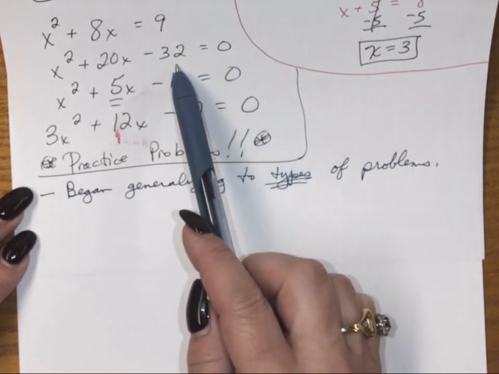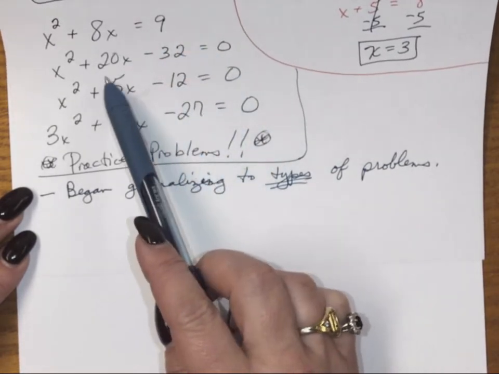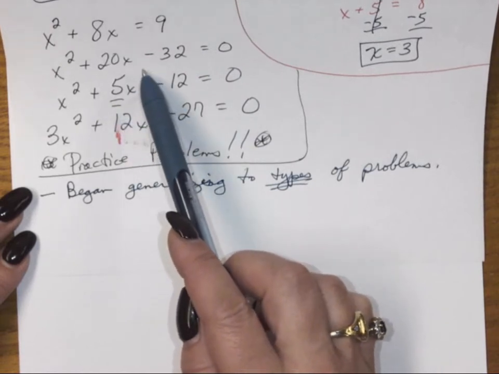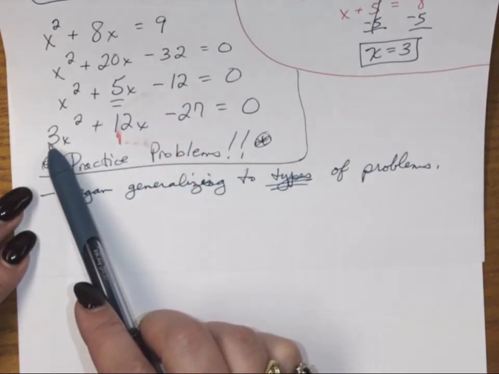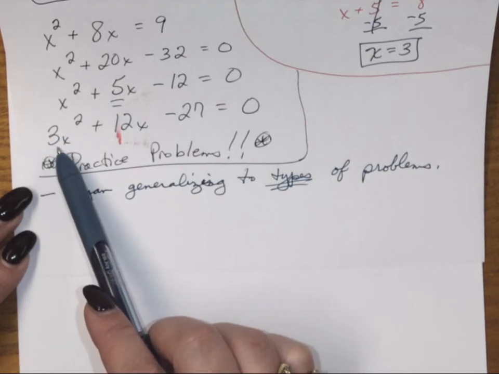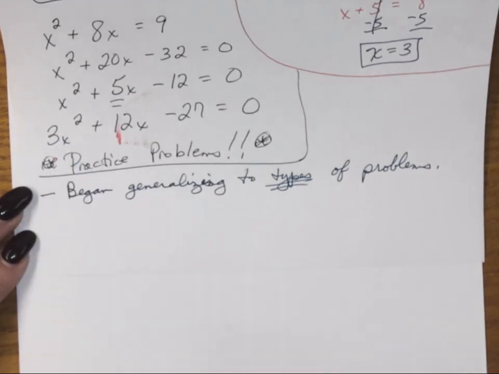This would be the type where I haven't moved it. This would be the type where I've got an odd coefficient for B. This would be the type where I still have a coefficient other than 1 out in front of the x squared. So he's starting to generalize things in solving quadratics.